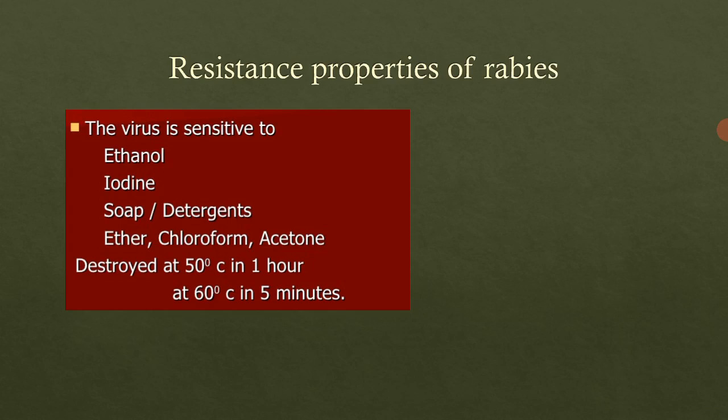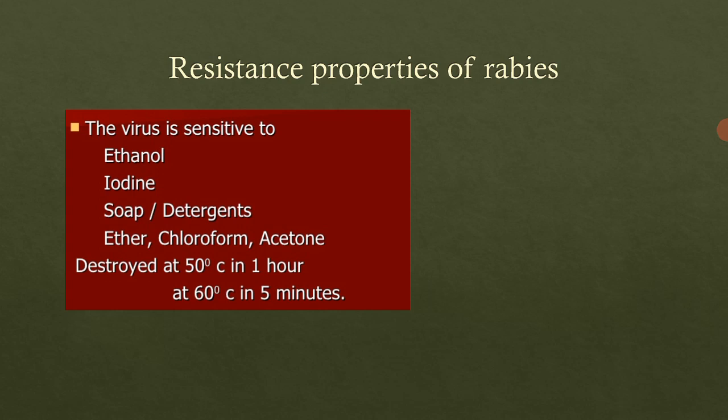Then it can also be inactivated by phenols, formalin, and beta propiolactone. This beta propiolactone is used for preparing vaccines also. We have one vaccine that will come in the later part, called the BPL vaccine, the beta propiolactone vaccine, where this chemical is used to inactivate the virus.